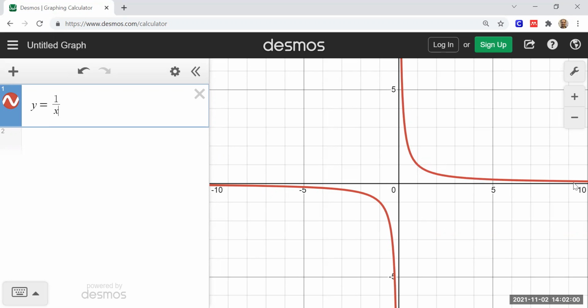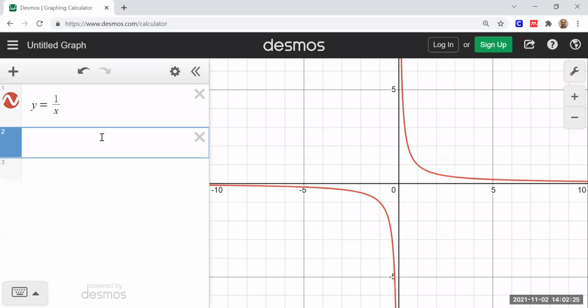So there's actually another asymptote right here at y equals 0, going right along the x-axis. I can put in bigger and bigger numbers, but I'm never going to actually get 0 out of this function. I can't put 0 in, and I can't get 0 out.